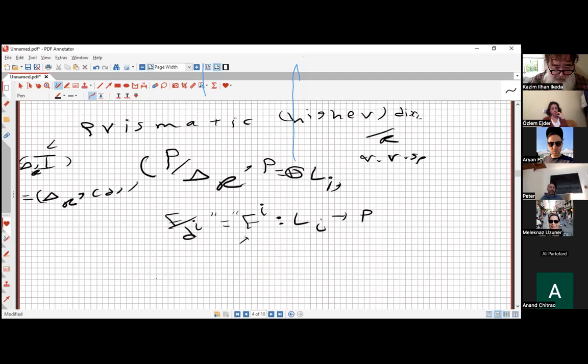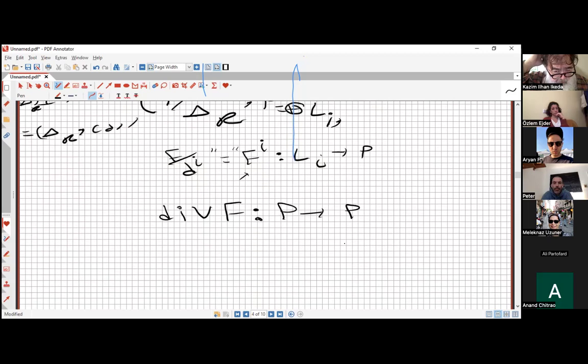We should have this series of maps which are divided Frobeniuses, and we can combine these maps into a single map, div of f from P to P. You can write P as the sum of the Li, and you have this map Fi from Li to P, and you can combine this to get the divided Frobenius.